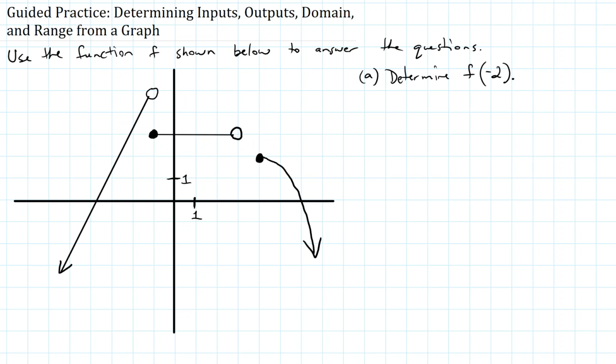And so you have to think about if it's in the parentheses, is it an input or an output? Then you locate it, if it's an input, on the x-axis, and you find its output, and that's your answer. If it's an output, you locate -2 on the y-axis and locate any inputs, and those will be your answer. So take a moment to do that. Pause the video and see if you can figure it out.